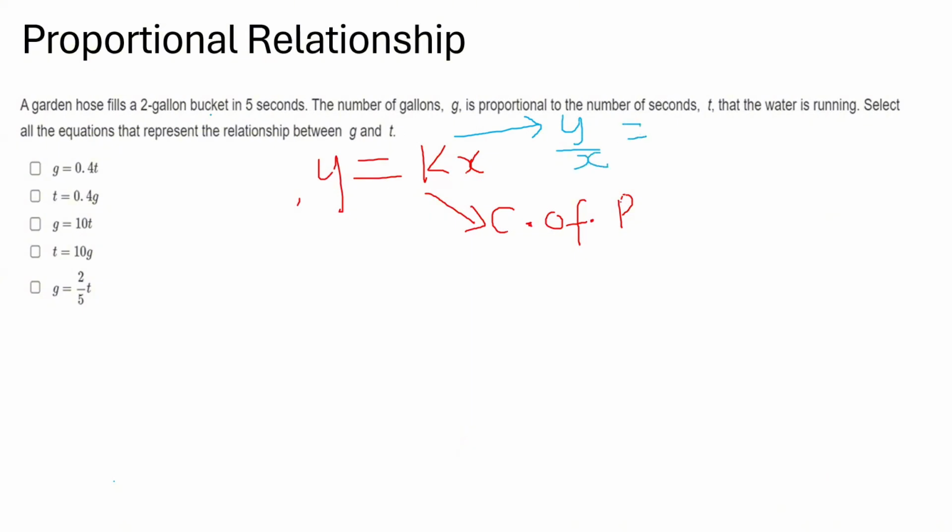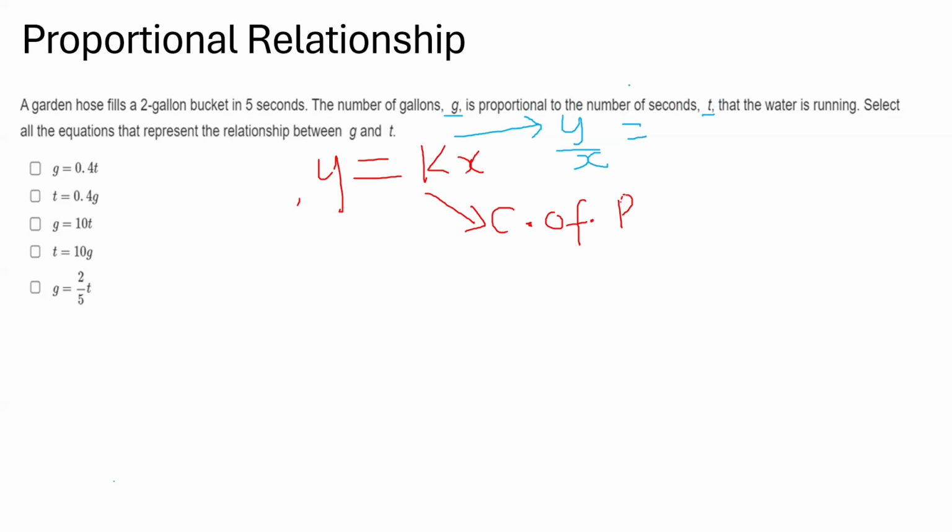But if you notice in the problem, we were not given x and we were not given y. We were given G and T as our variables. As I mentioned earlier in the video, the variables are not limited to x and y. The question could use any variable, any letter in the alphabet.